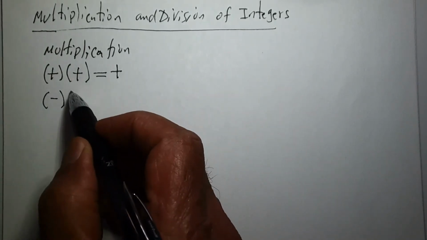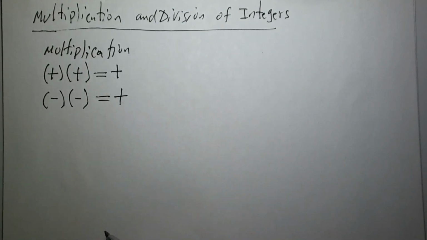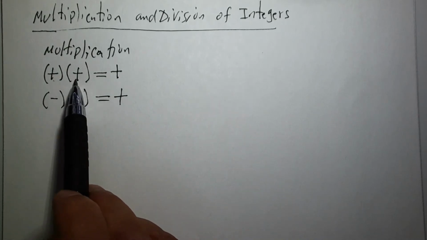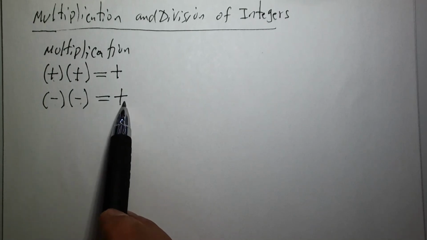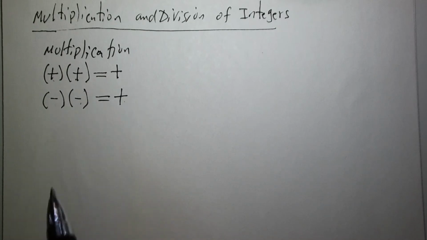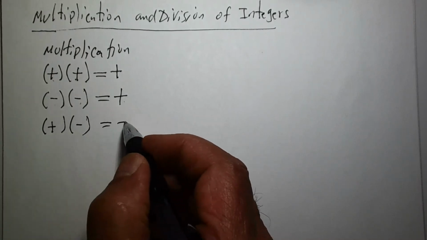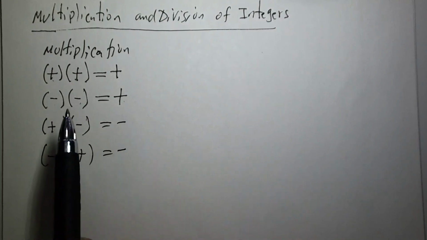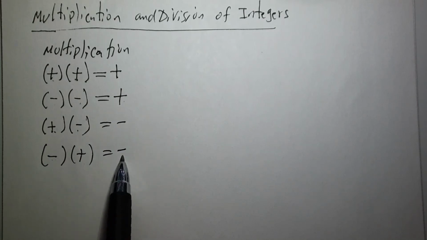Negative times a negative, it's positive. So if we have the same sign when we multiply, the result is positive. It doesn't matter if they're both positive or both negative, the result is positive. Positive times a negative, it's negative. Negative times a positive, it's negative. So different sign, the result is negative.